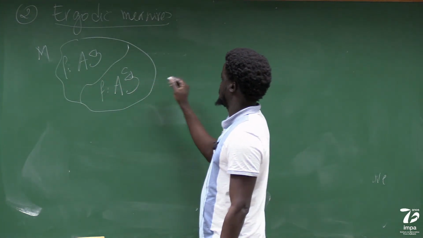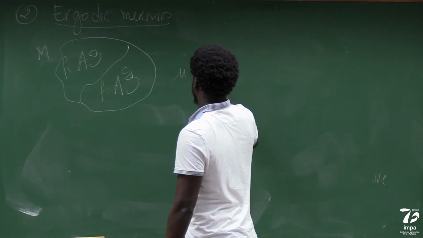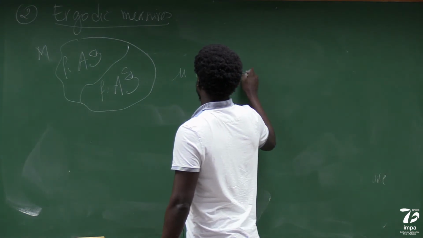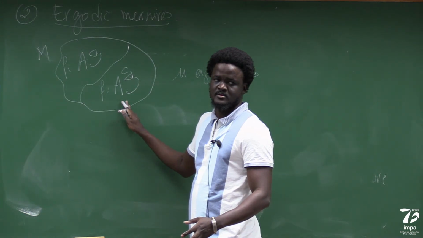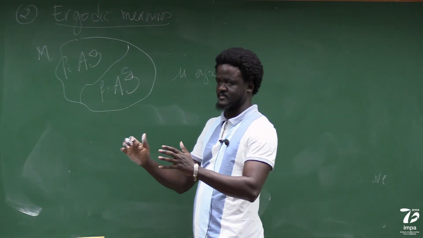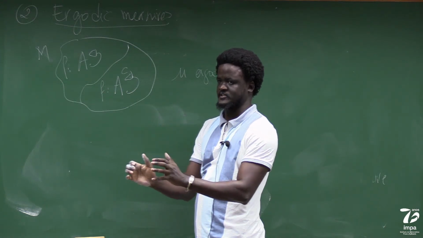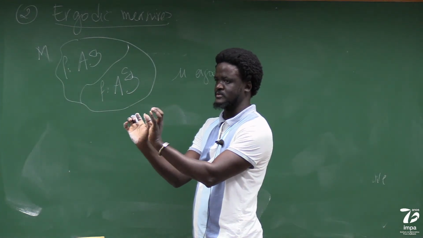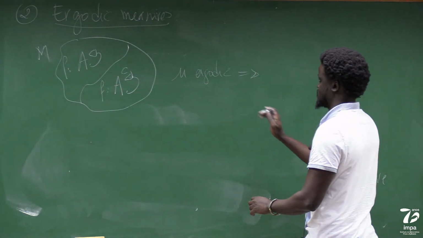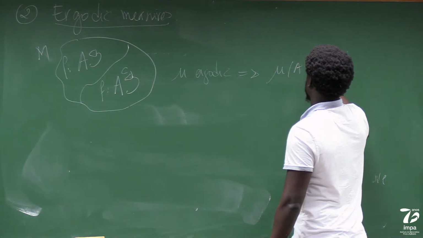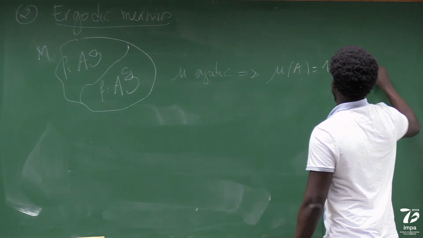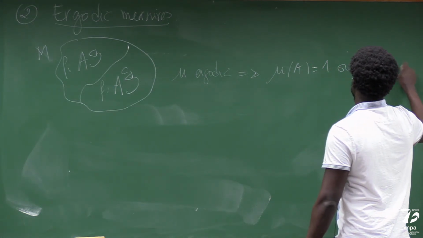So mu ergodic implies that one of these sets is negligible. It's just saying that your system is irreducible in a measure theoretic sense. You cannot reduce it into two dynamical systems with this measure. So this implies that mu of A equals 1 or mu of A equals 0.